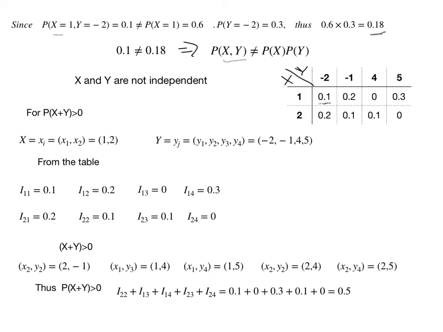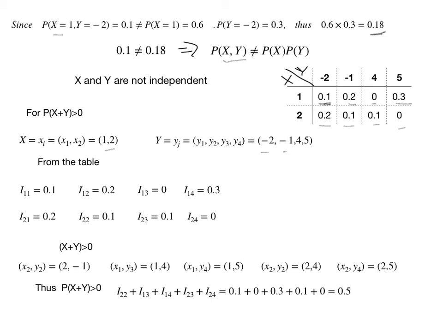For the next condition, p of x plus y greater than 0, I have to choose the values of x and y such that the sum should be greater than 0 and take their corresponding values. That is, x takes the value 1, 2 and y takes the value -2, -1, 4, 5. Now, from the table I can say I11 is 0.1, that is this point, I12 is this, I13 is this, I14 is this, and I21, I22, I23, I24.